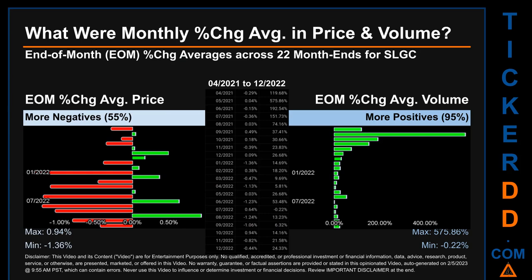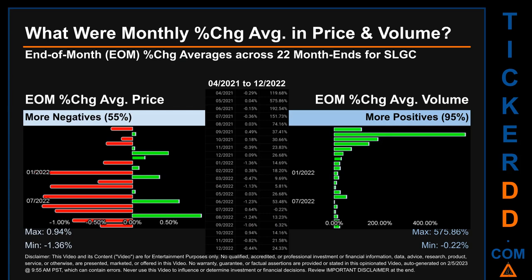What were end-of-month percentage change averages in price and volume for SLGC? The monthly average of percentage change, in price and in volume, were calculated for each of the 22 month ends. That calculation took daily percentage changes and averaged them for each given month. If a month end came out negative, then it means that the month summarily saw a negative change.